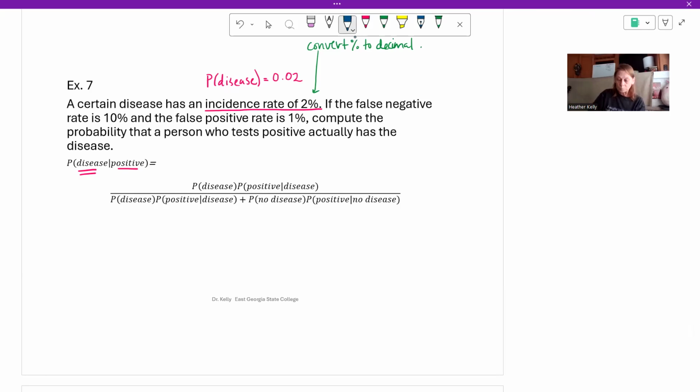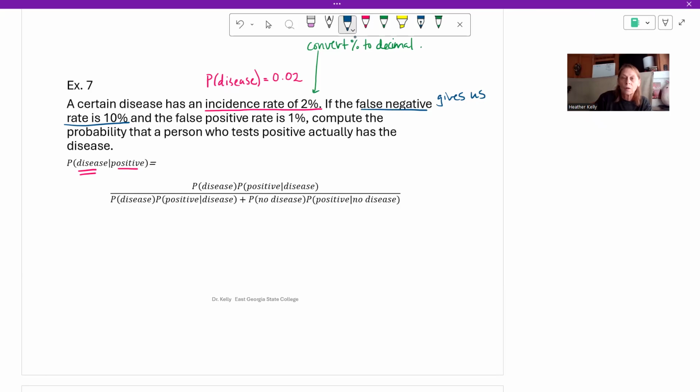So, the probability of positive given the disease is called the false negative rate. Okay, so the false negative rate gives us the people that tested positive and have the disease.